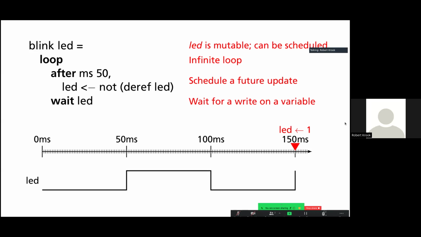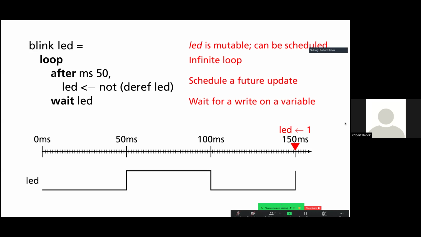This is a ternary operator: after, then a comma, and assigned to. This could be arbitrarily complicated, but at the moment it's scheduling an update to a variable at a time. It's variable, time, new value, and only one variable.